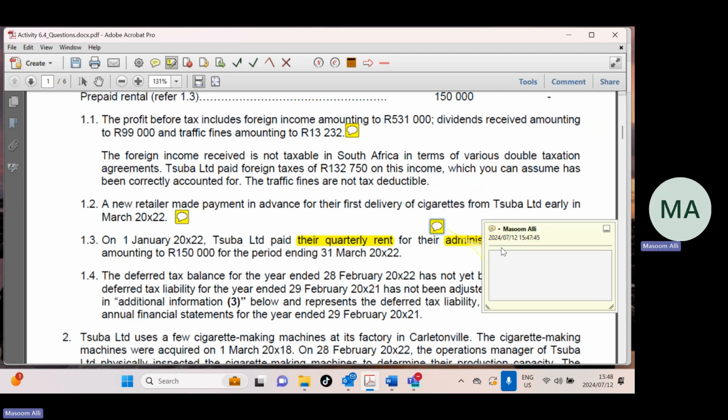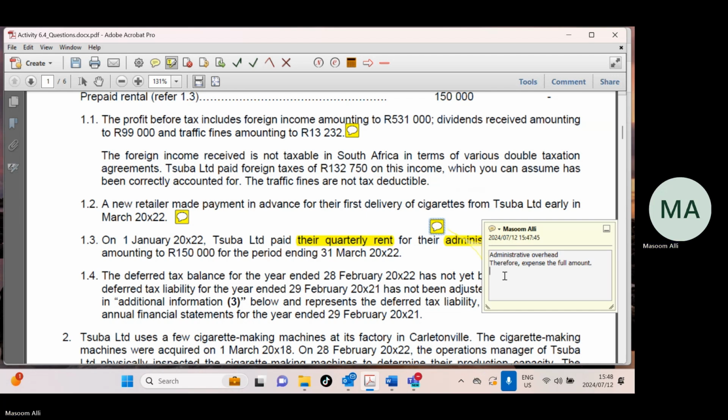But here we can say that, administrative overhead, because that's what it is, right? It's not a manufacturing overhead. It relates to the administrative building. So therefore, expense the full amount, right? That's basically it, right? Expense the full amount.